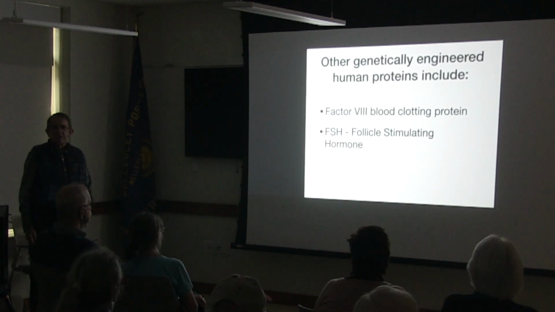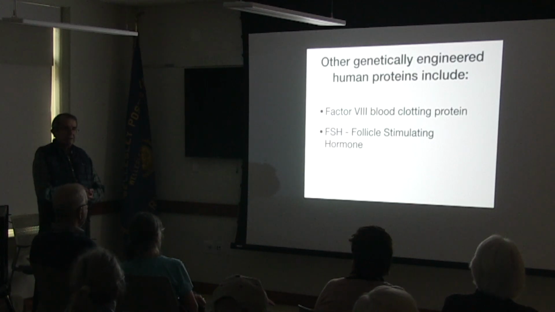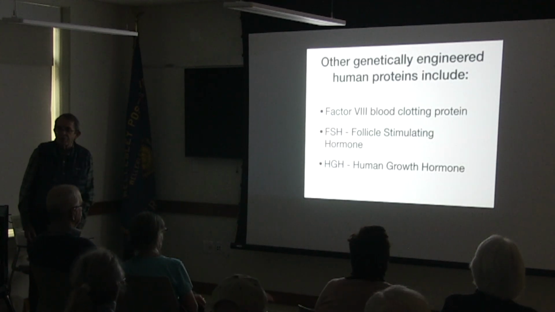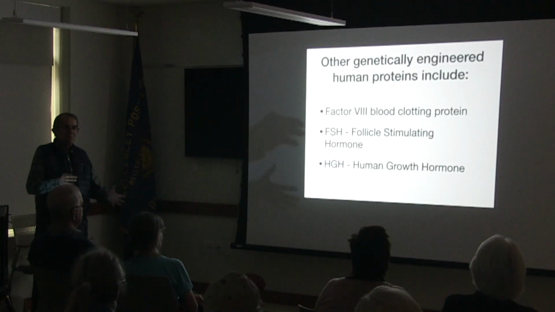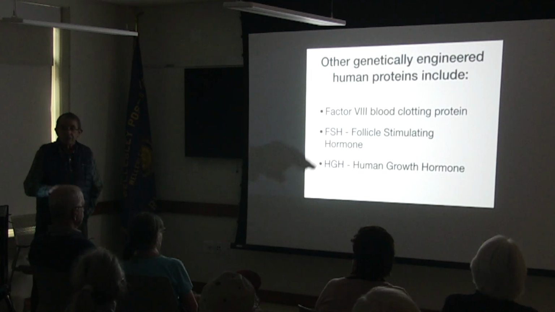FSH, follicle stimulating hormone, is one of the hormones involved in stimulating human egg production in the monthly cycle. So for women who don't produce it or produce a defective form, very useful. And good old HGH, human growth hormone. It's a short protein, and it is used to treat people who don't make it, who would otherwise be dwarfs.